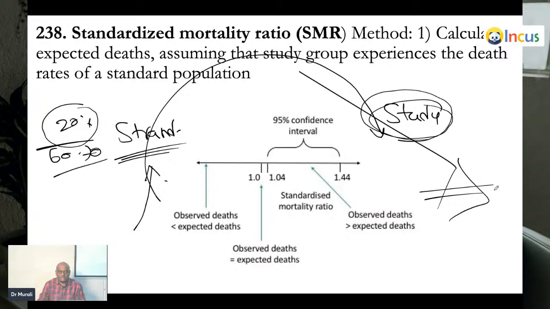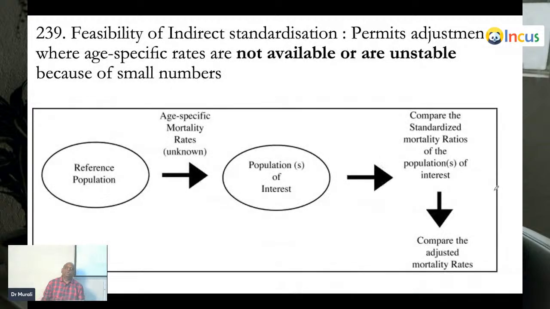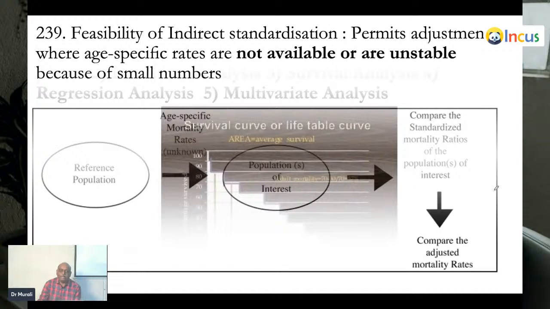That is indirect standardization. If you already know the death rates, then you will use direct standardization, right? So when the feasibility factors for direct standardization are not there, you will use the indirect standardization method.